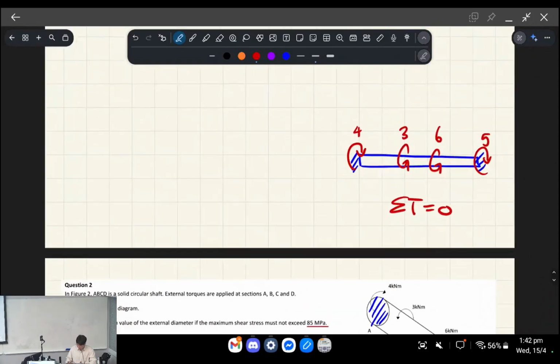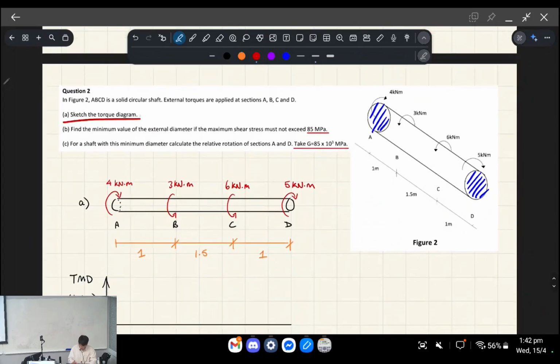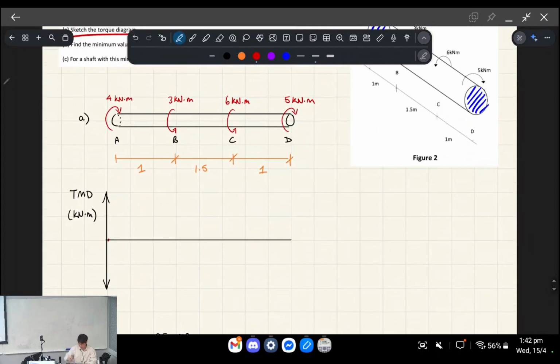But in terms of how we map out the torque diagram, this is a completely fine model to think about. So we want to sketch the torque diagram first. How does that look? Remember, if you have a clockwise torque looking this way, it's going to give you a positive jump in your torque moment diagram. So that jumps up to 4. When you reach 1 meter, it jumps down by 3 because there's a counterclockwise torque, so that jumps to 1.